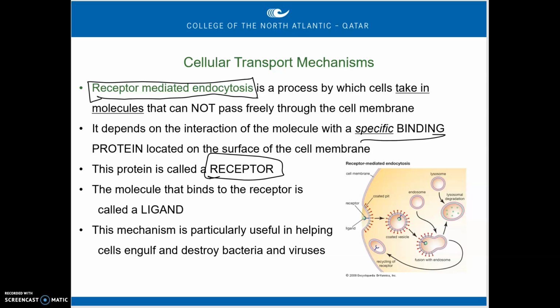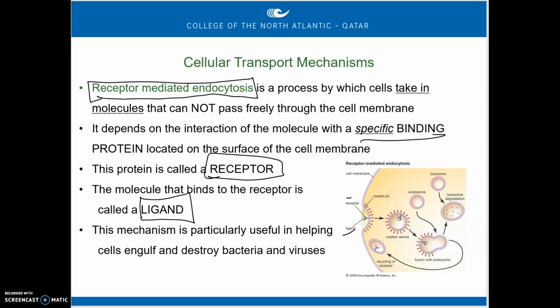The receptors stick out on the outside of the cell, and they collect what it is that the cell is looking for. Now, another word for what the cell is looking for is a ligand, depending on how you pronounce it. So we have a receptor on the outside of the cell, and you can see in the picture here, that little green ball is the ligand.